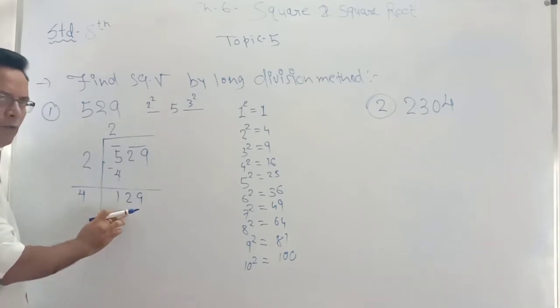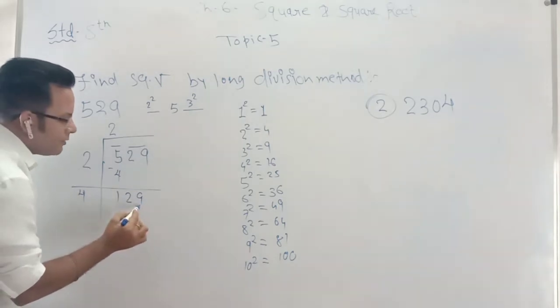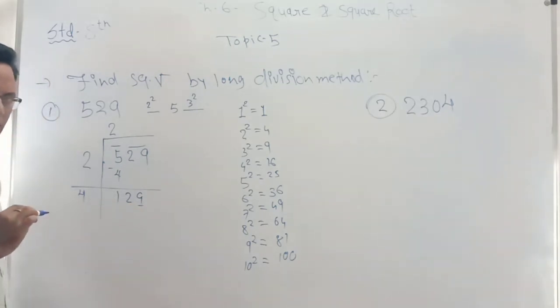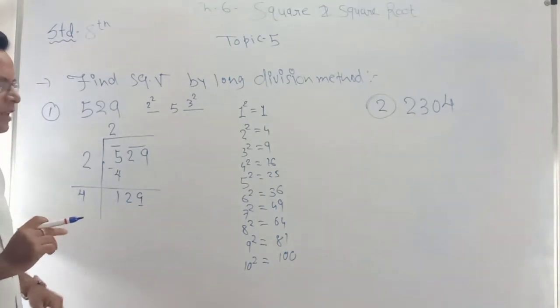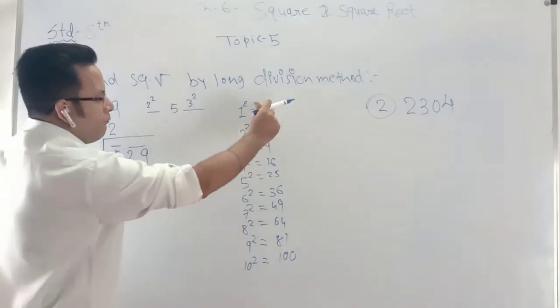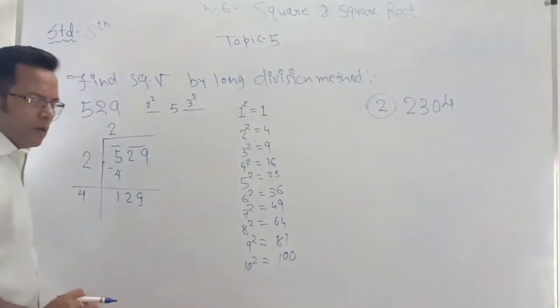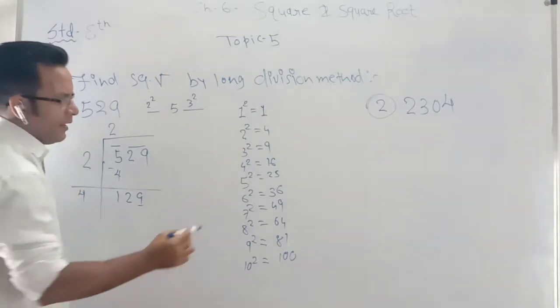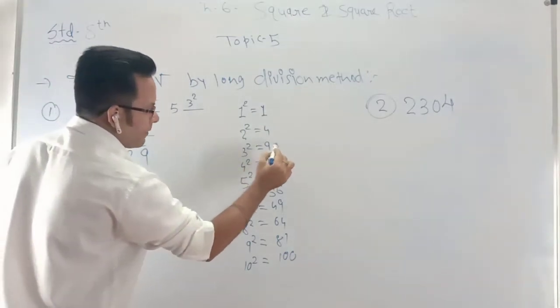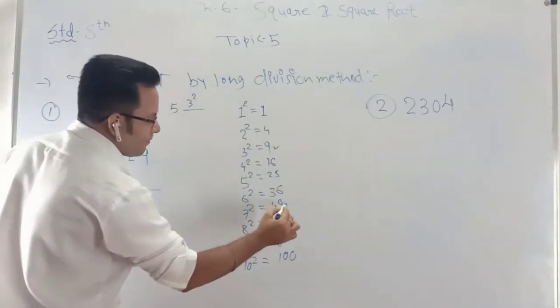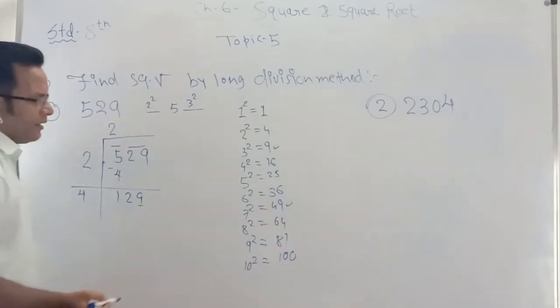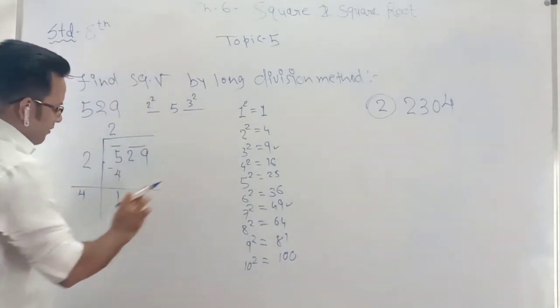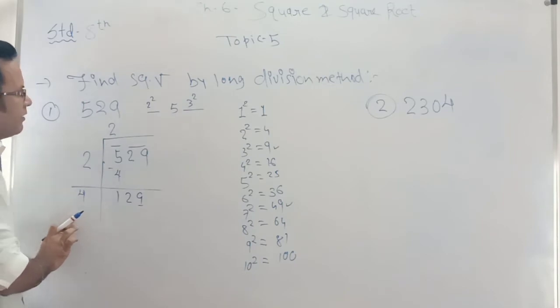Now you have 129, so you have to see the unit place of the given number. That is 9. Now you have to check in the squares of 1 to 10 which number has 9 at unit place. So first of all, 3 square is 9, and 7 square is 49. So we try with 3 square, right?